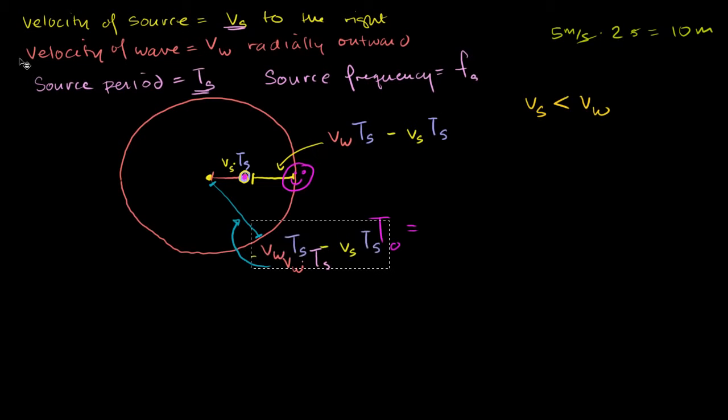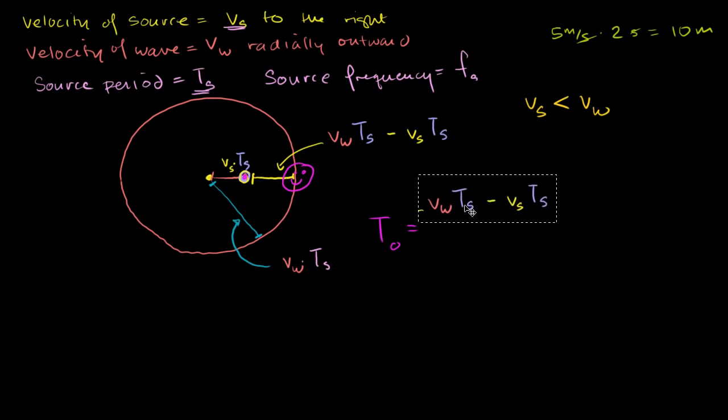That is the distance that the next pulse, the one getting emitted right at that moment, is going to travel, divided by the speed of the wave, and we know what that is. That is v sub w. Now, this gives us the period of the observation.